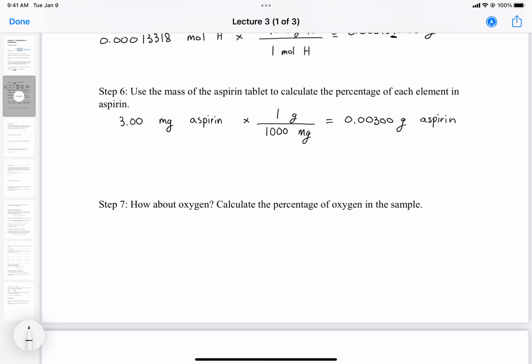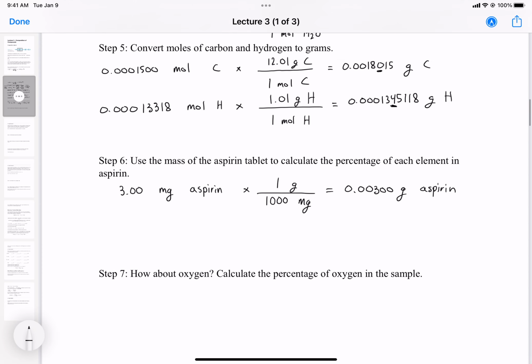So going off the results of our analysis here, for carbon, we're going to write 0.0018015 over 0.00300. So let's put our units here.